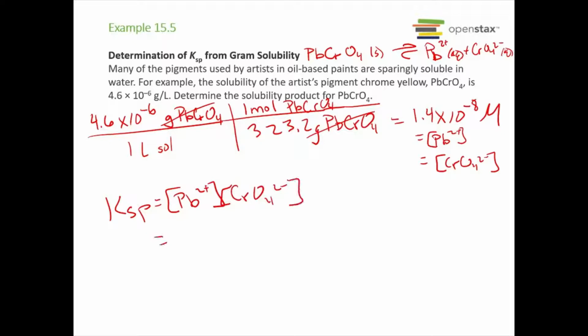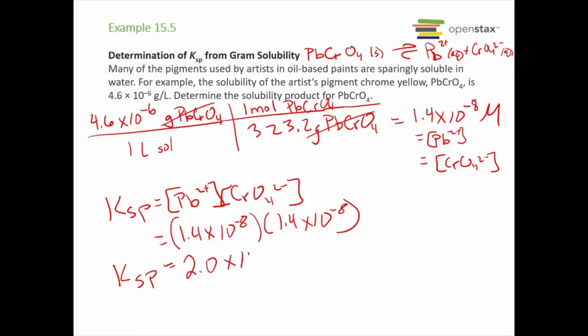So this is 1.4 times 10 to the negative 8th times 1.4 times 10 to the negative 8th. So we get that Ksp then is 2.0 times 10 to the negative 16. So that's our solubility product.